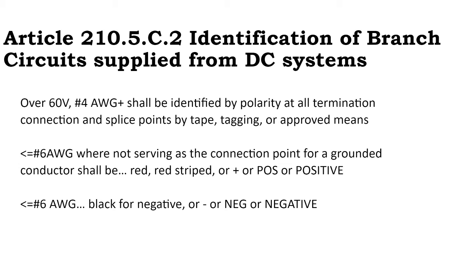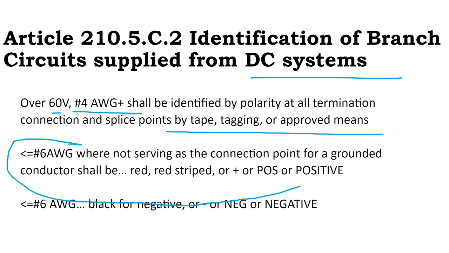Okay, so some things to know. DC circuits, once they get over 60 volts and once they get over number 4 AWG, and most solar is less than that, they can be identified by tape as positive or negative.